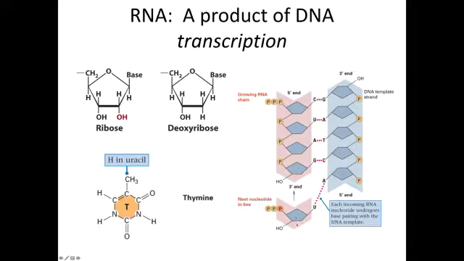This next nucleotide in line is matching up with this A here, this uracil, and then you have the 3' end growing. But what you can remember is that while it's the 3' end of the RNA that's growing, the template of DNA shown here in blue is read from the 3' to 5' direction. So the 3' end grows, but the template itself is being read in that direction.